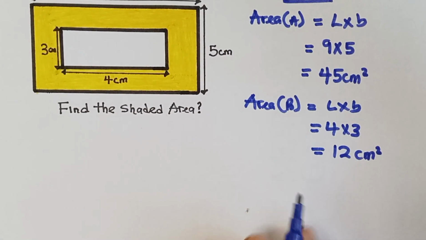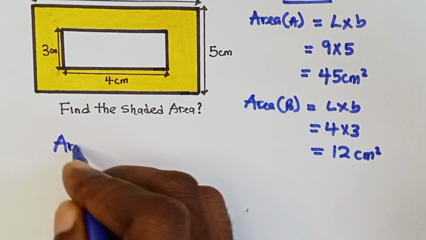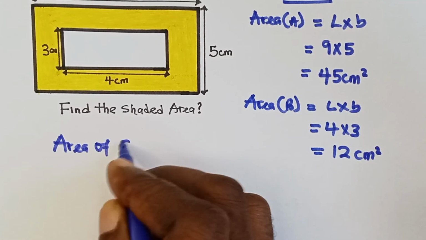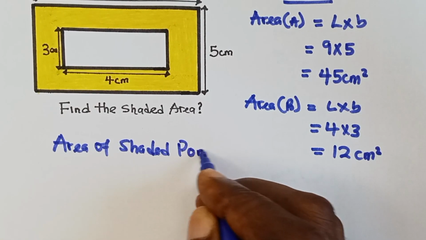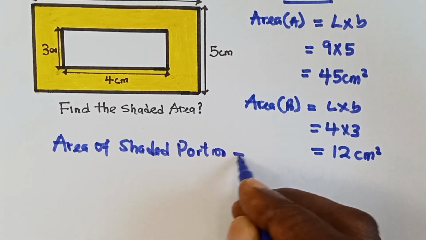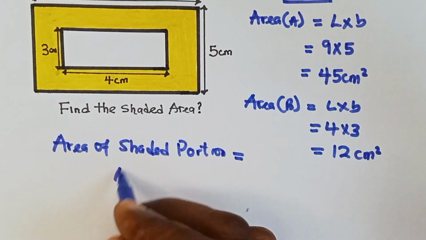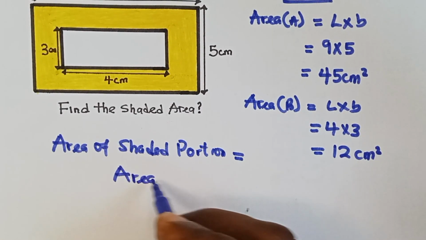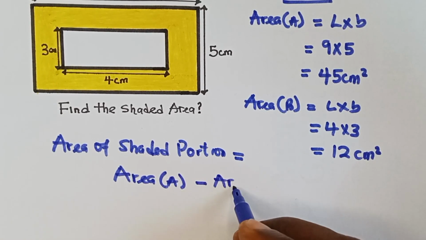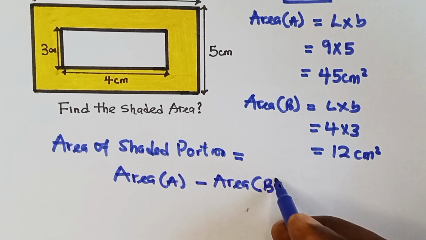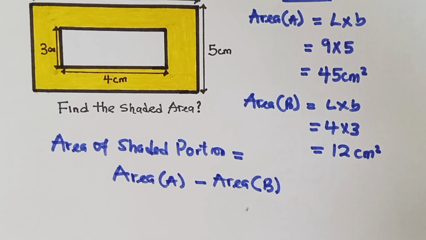So the area of the shaded portion is equal to the area of the bigger rectangle, area A, minus area B. That's how to find the area of the shaded portion.